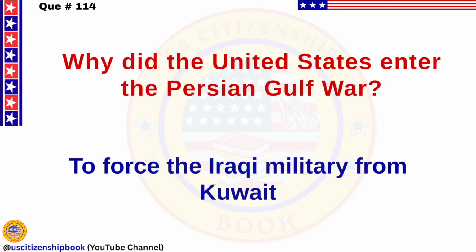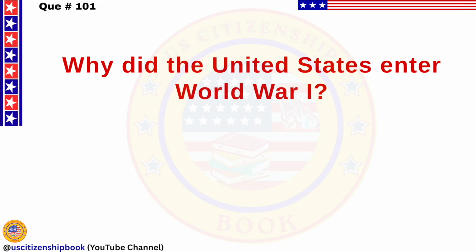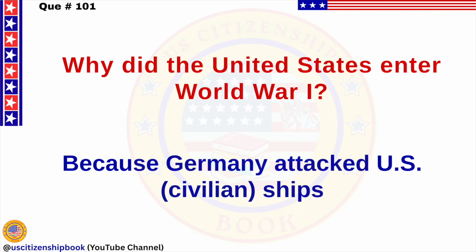To force the Iraqi military from Kuwait. Why did the United States enter World War I? Because Germany attacked U.S. civilian ships.